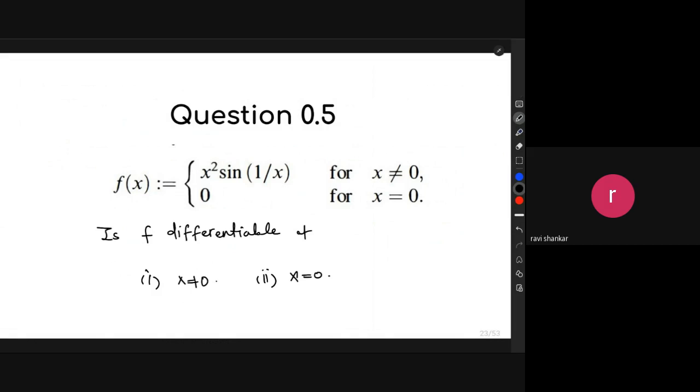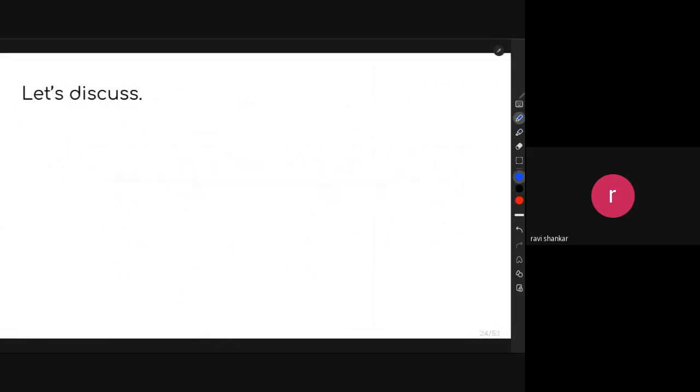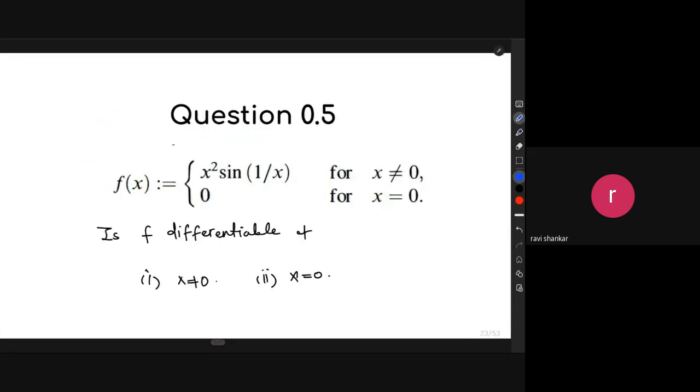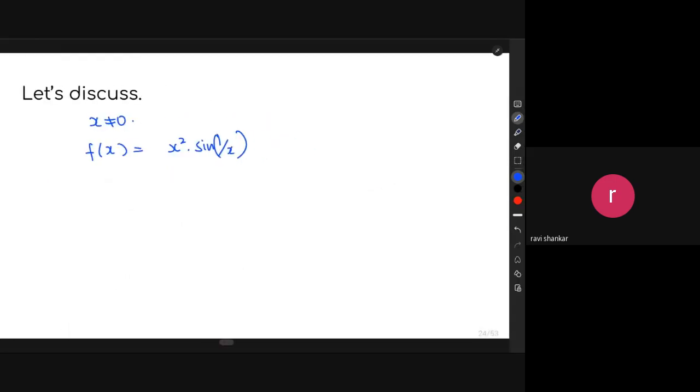If we start with x non-zero, then my function f of x is x square times sine 1 over x.